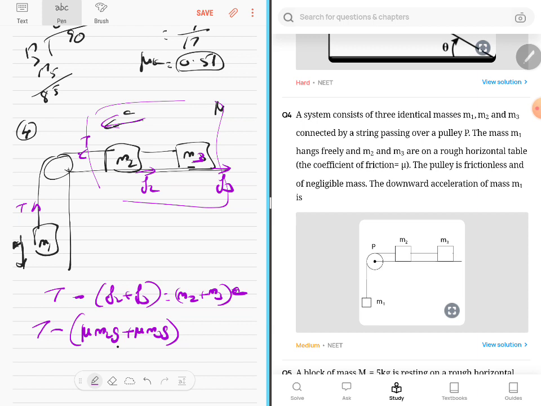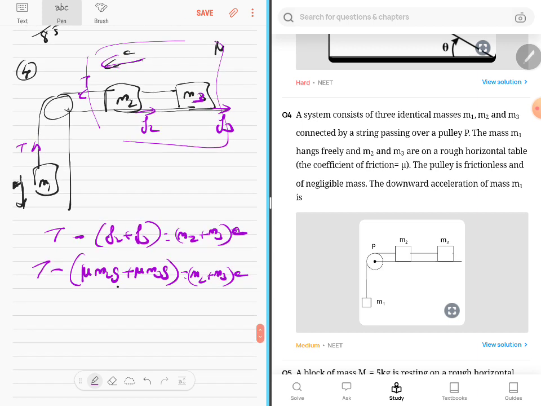So T − μm2g − μm3g = (m2 + m3)a. Thus you can write T from here: take it to the other side, where T is m2a plus m3a. The whole point is to equate and get the acceleration, the downward acceleration.